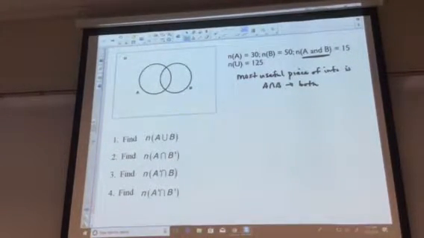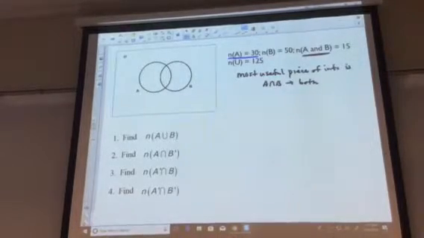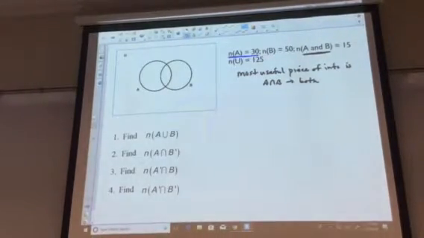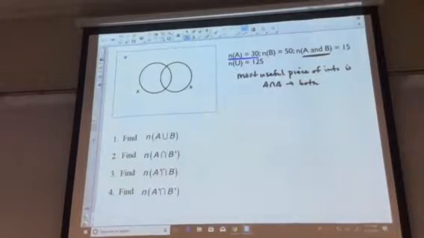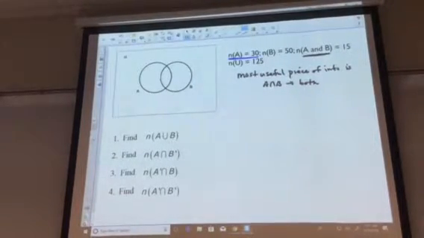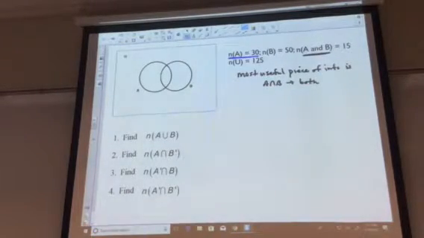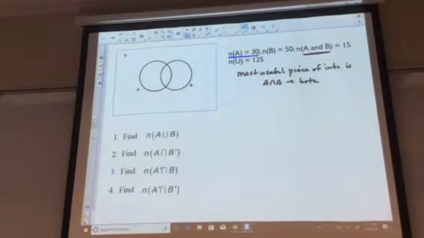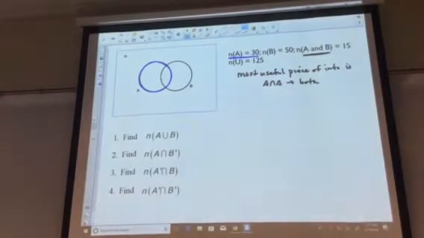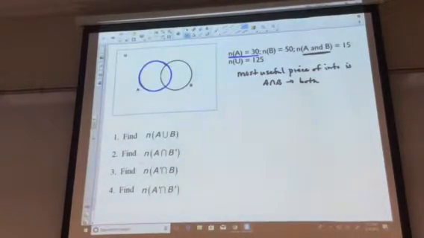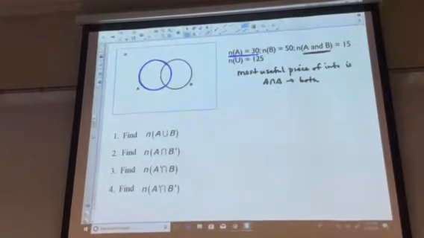How do you read this piece of information? The number of elements that belong to circle A is 30. Circle A holds 30 items. With that piece of information alone, do you have any idea of where those 30 items are?